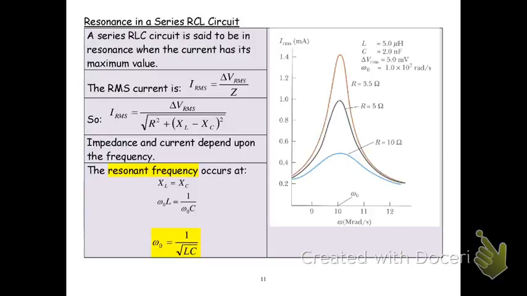And what I'm going to find is that for any given circuit, because the reactances are frequency dependent, there's a frequency at which the reactance of my inductor cancels out the reactance of my capacitor, because they're equal and opposite.